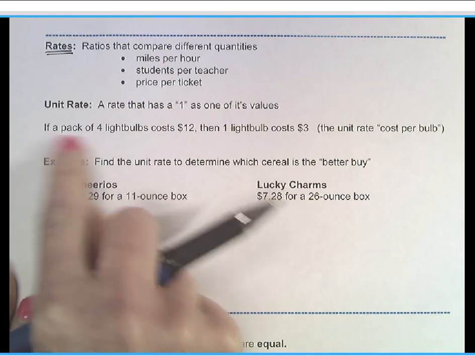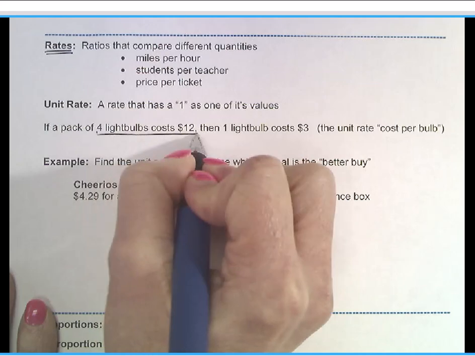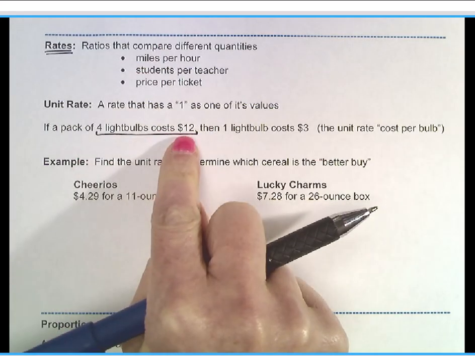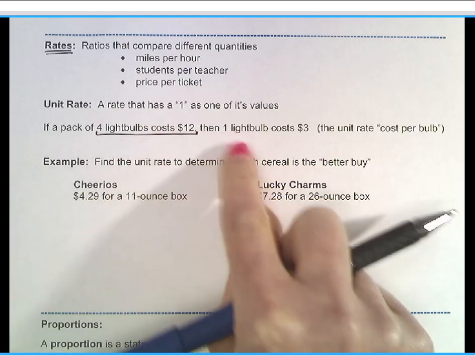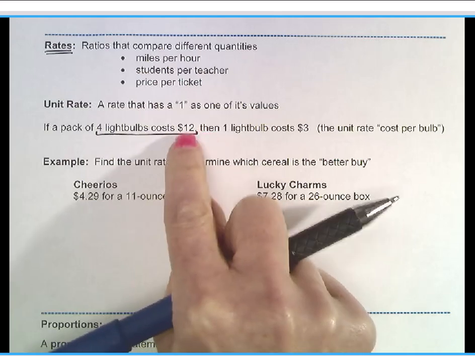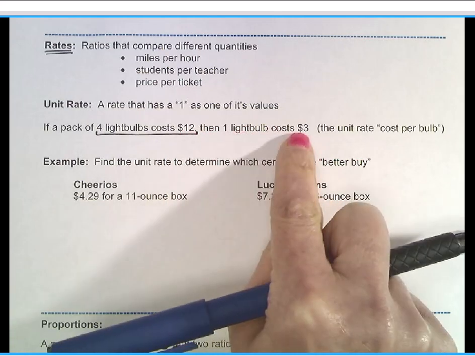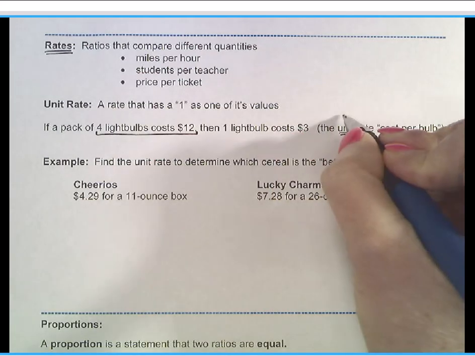So let's say we have a pack of 4 light bulbs and it costs $12. So the tag on the aisle when you're in the store trying to buy it, it would say $12, right? But you know there's 4 light bulbs in there. So each light bulb, if you divide 12 by 4, one light bulb would cost $3. So that's telling you the unit rate. Remember, unit is one.